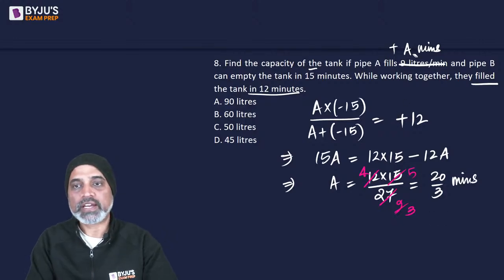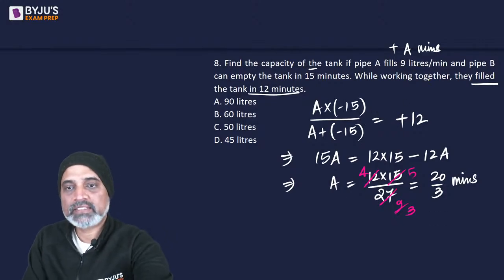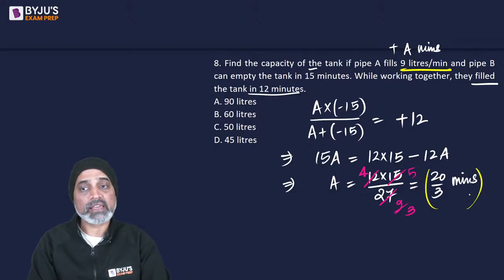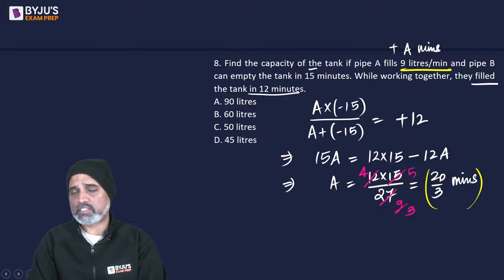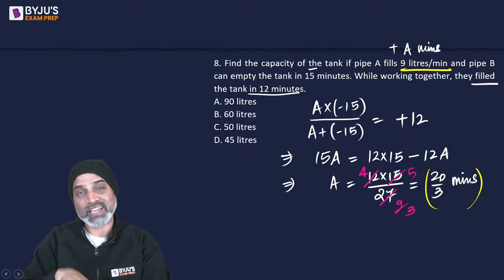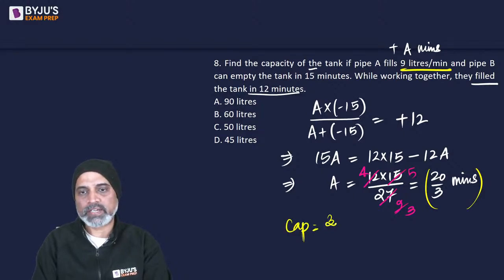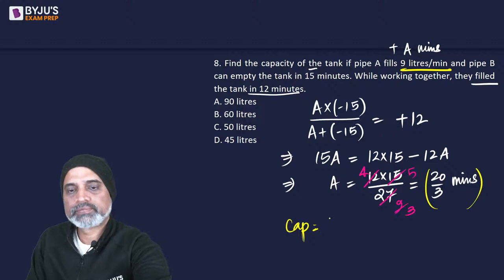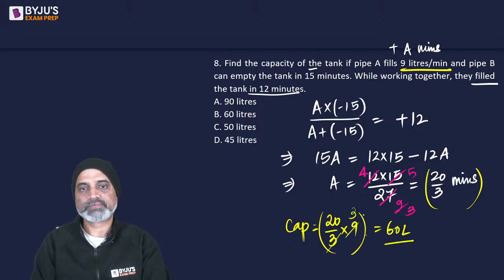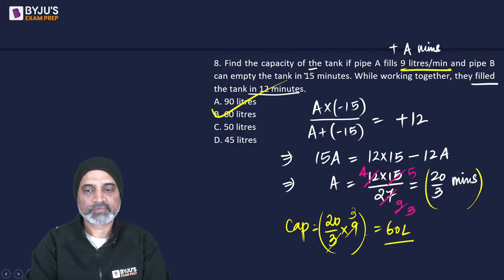Now, if you look at the rate, it says 9 liters per minute, and pipe A is filling it in 20 by 3 minutes at the rate of 9 liters per minute. So the capacity of the tank will become 20 by 3 into 9. So this results in 20 into 3, which is 60 liters. Right?